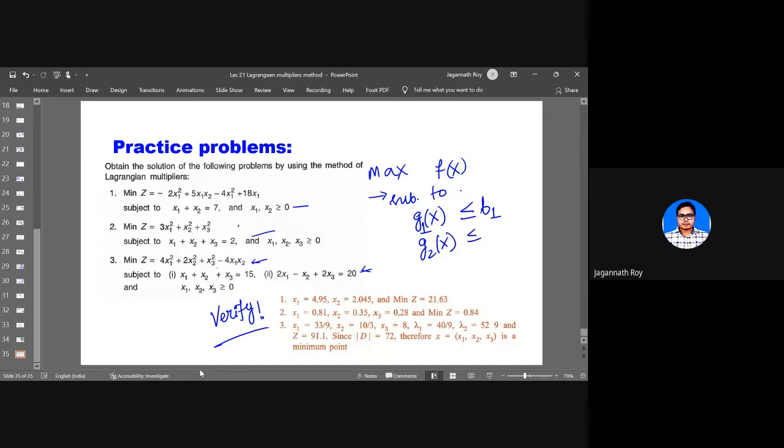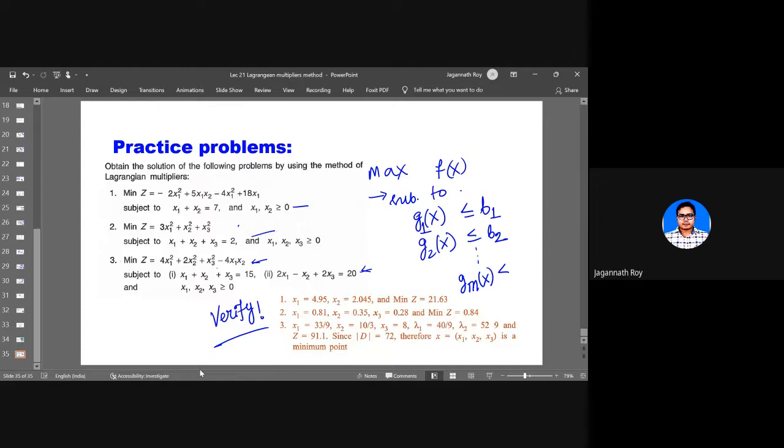So far we have discussed only the equality type. If an inequality is there, then we have to introduce slack variables. Then how the Lagrangean method will be modified, and how the necessary and sufficient conditions will be converted into some other form, we have to discuss in the next class.